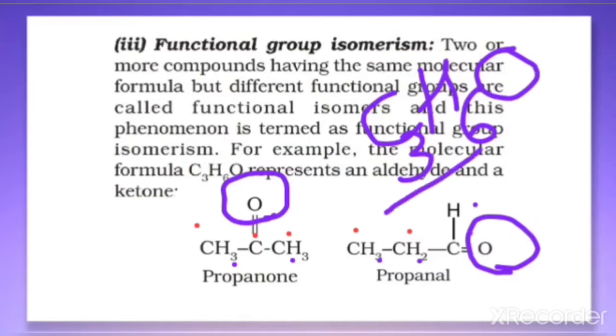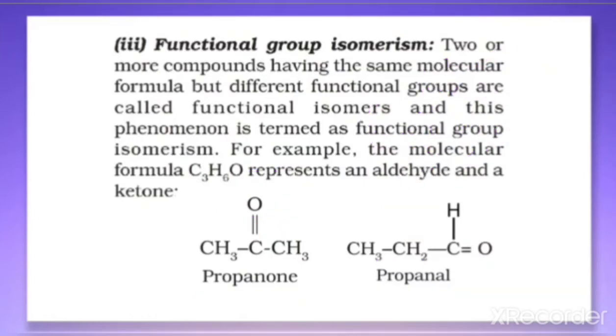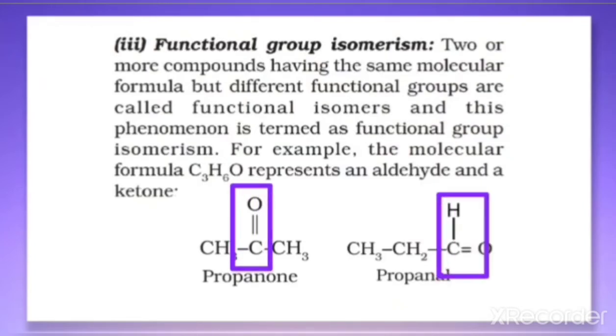Because they have the same molecular formula, but they have different physical and chemical properties. Why? Definitely because these two have different functional groups. Here there is a ketonic functional group, and here there is an aldehyde functional group. Because these functional groups differ, the properties of these two compounds are entirely different.